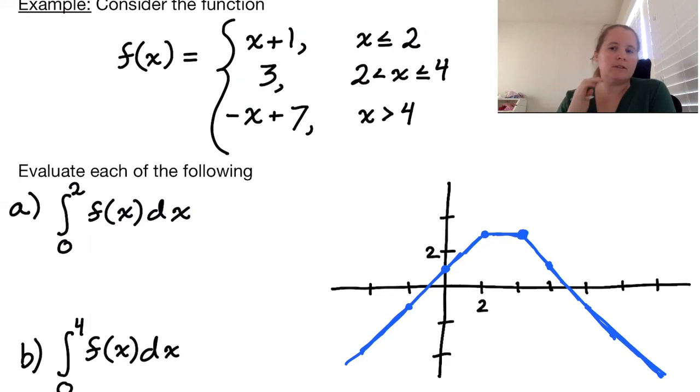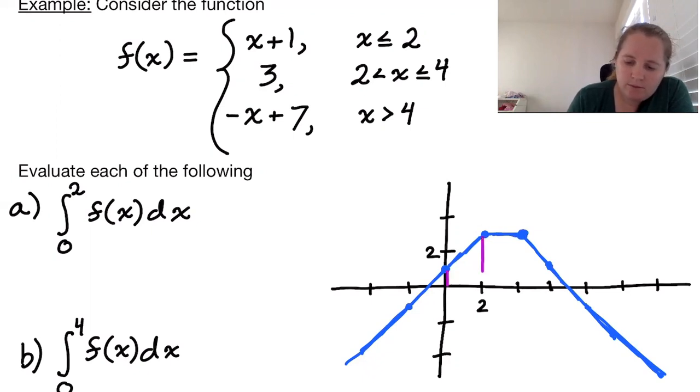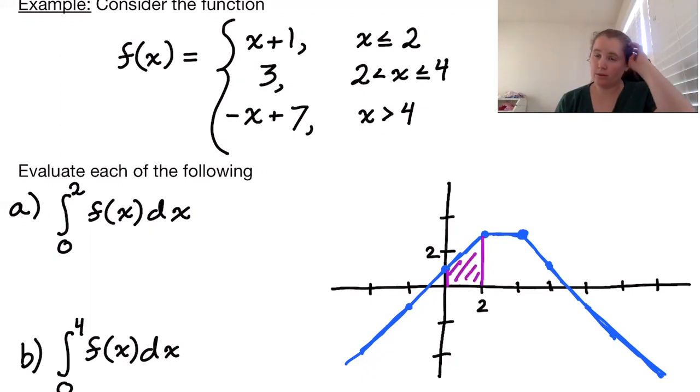All right. So the first thing we need to do is figure out that area between 0 and 2. From 0 to 2, we are working with a trapezoid. For a trapezoid, you just have to do the average of the bases times the height, or you can split this and do a little rectangle plus a triangle.